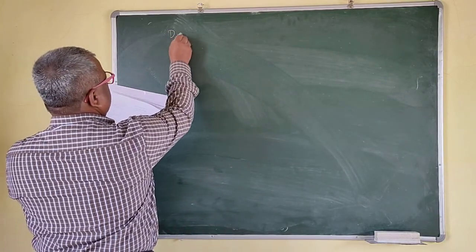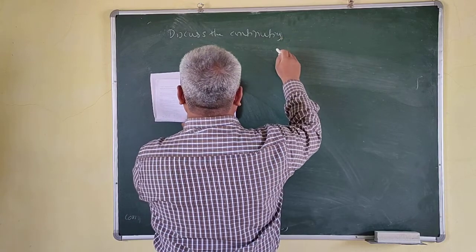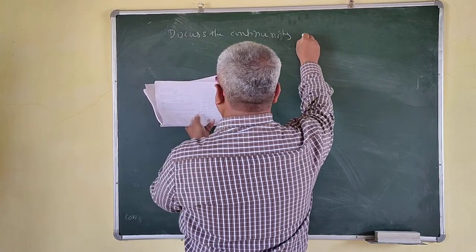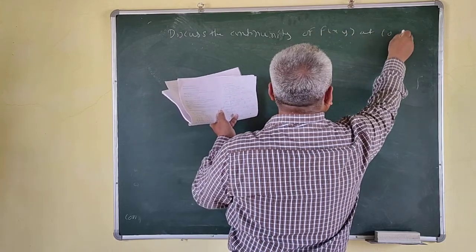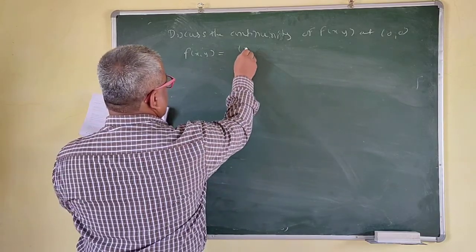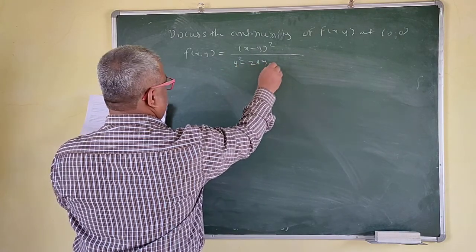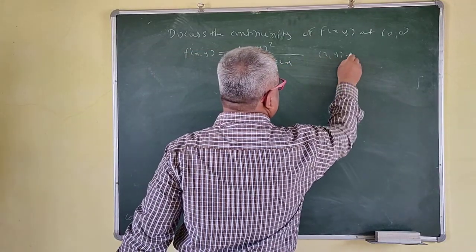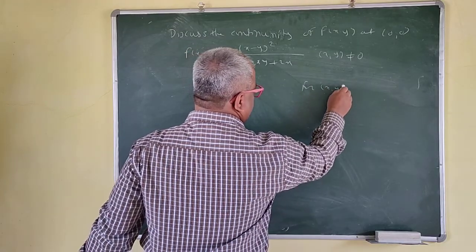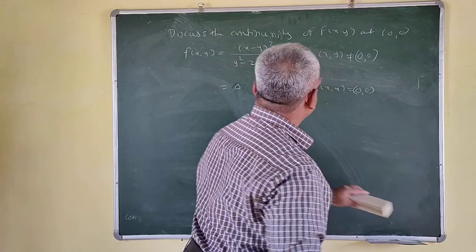Discuss the continuity of f(x, y) at (0, 0). f(x, y) = (x − y²)/(y² − 2xy + 2x), for (x, y) not equal to (0, 0), and equal to 0 for (x, y) equal to (0, 0). Okay. Now solution.